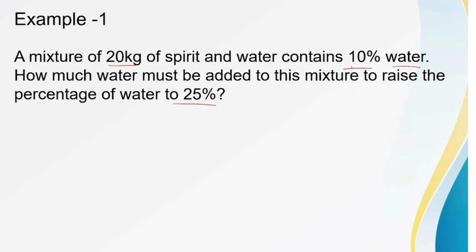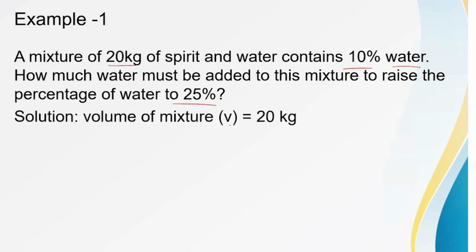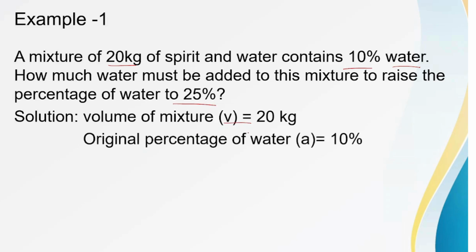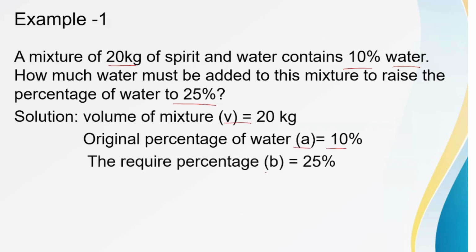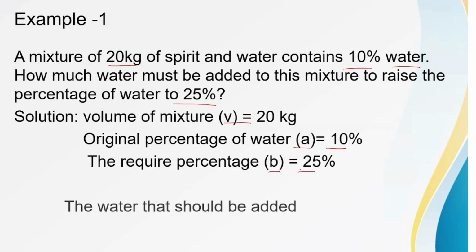That means 10% of water should be increased to 25%. Here the value given is 20 kgs, so V becomes 20. The original percentage of water is 10%, so A is 10%, and we want to increase it to 25%, so B becomes 25%.